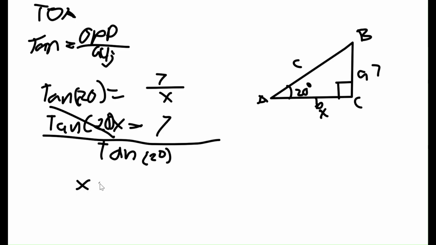So x is equal to 7 over tan 20, which is 19.23. Therefore, your adjacent, or your base, is 19.23.